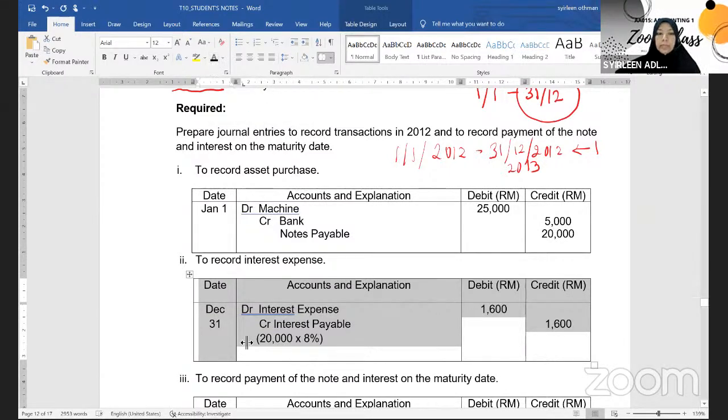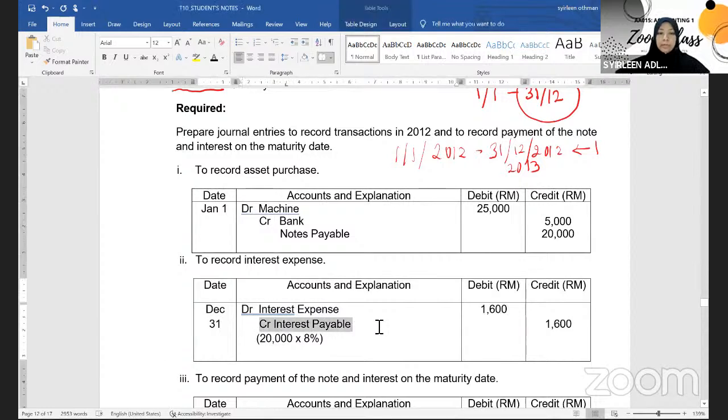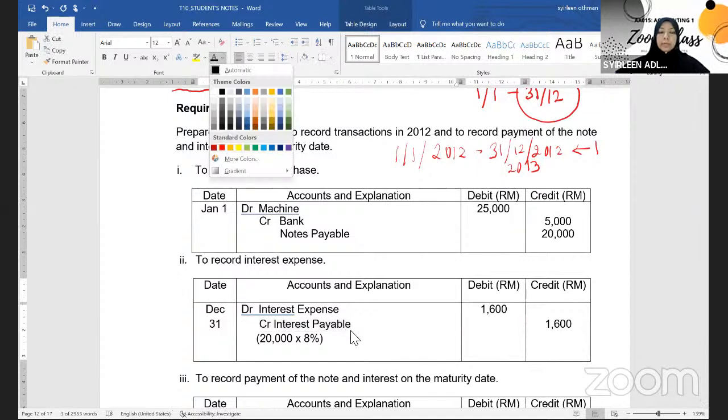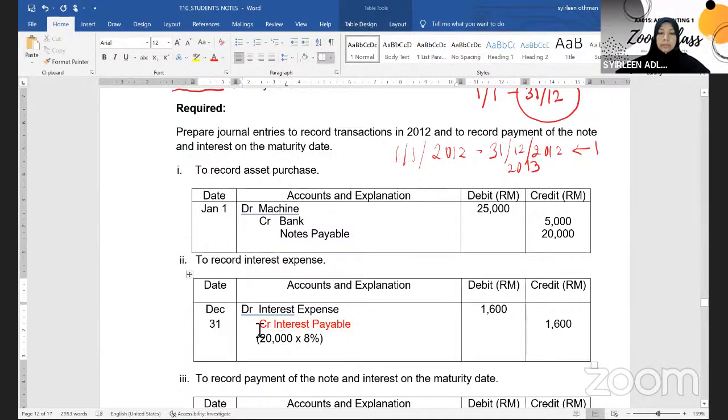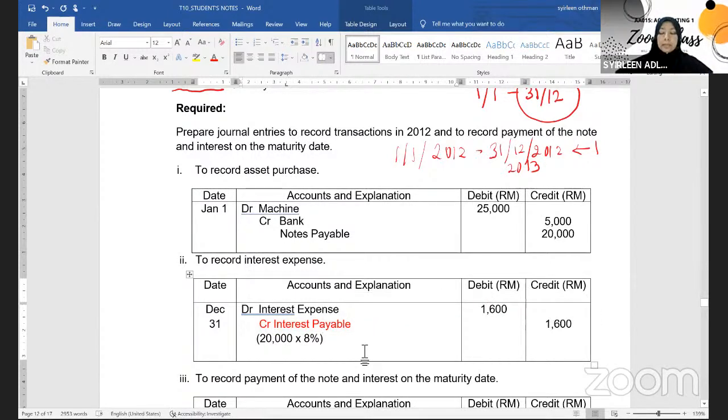Okay, so kita akan debit interest expense on 2012, right? And kita akan credit sebab payment hasn't been made yet. Belum buat bayaran lagi. So you tak boleh credit bank ataupun cash. So this one will stay in your liability accounts.